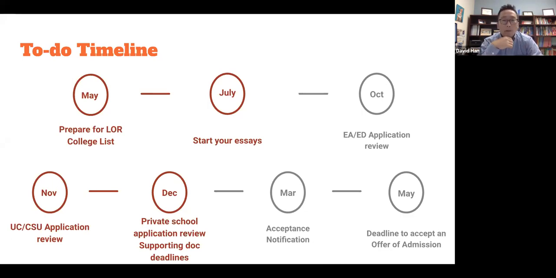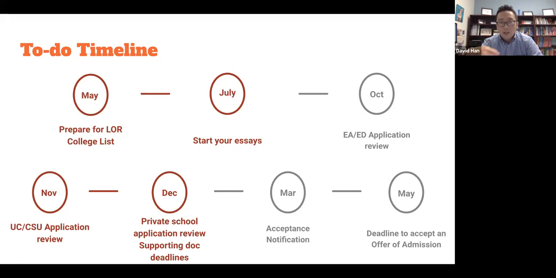process started, okay? And June to July is where you should start working on your essays, right? But on the previous slide, I mentioned that the application opens in August. So how can we start on the essays? The college essay prompts don't change that much, right? So it's okay for you to use last year's prompt to start writing, right?